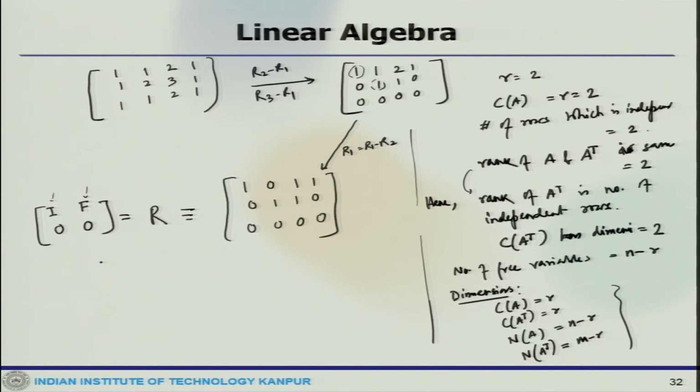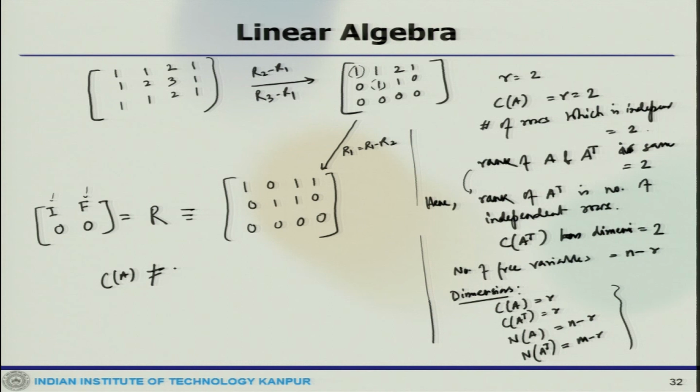So, the column space of A is not the same as the column space of the row reduced form.